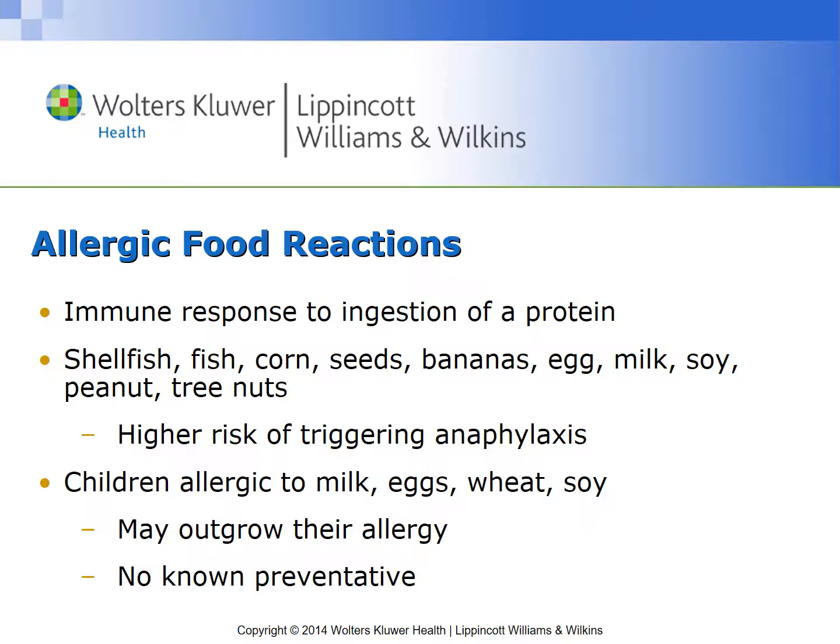Children can be allergic to milk, eggs, soy, wheat. They may actually outgrow them, and you know, they're trying new things about sensitization of allergies with kids especially, to different things. Saw something on that in the news.